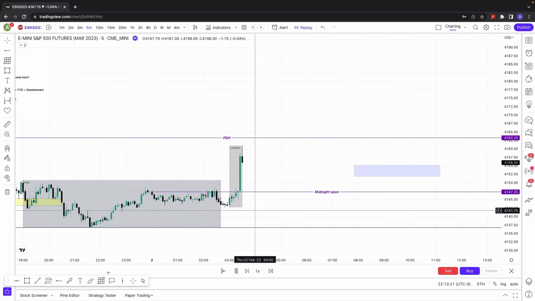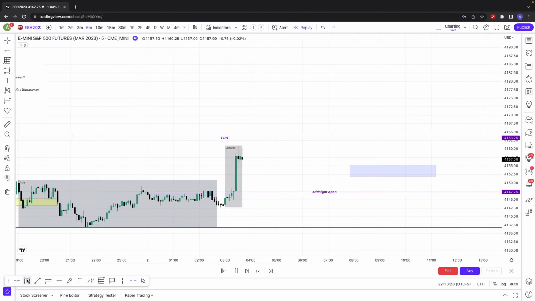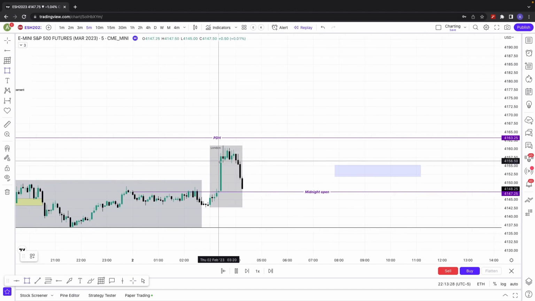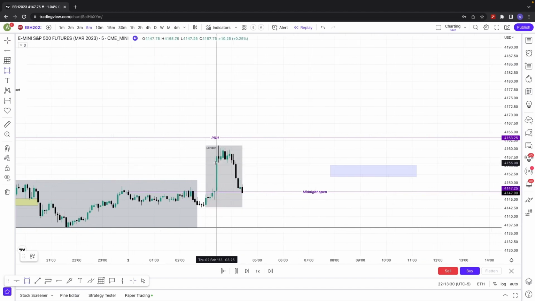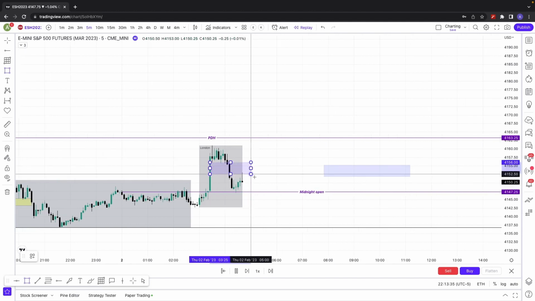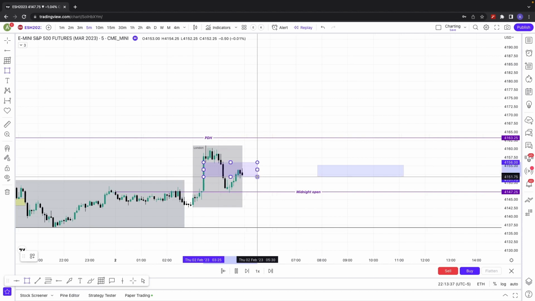Okay, London. All right, we have a huge green candle. We have a BPR right here, so we're going to go ahead and mark that.